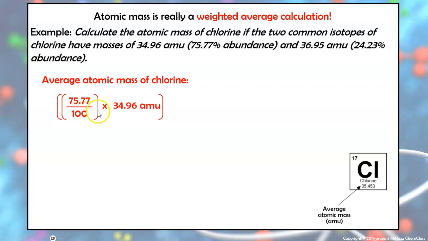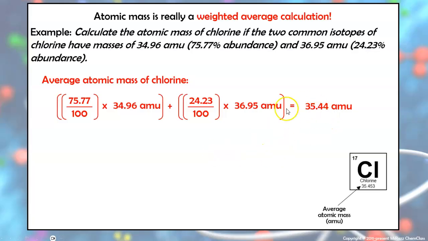Take that number times the AMU, which is 34.96, and then add that to the same thing for the other one. If there were more than 2 isotopes, you would have more information. All you do is the same thing: change that percentage into a decimal, times it by the AMU for each one, then add them up. So once I calculate this, it adds up to that.